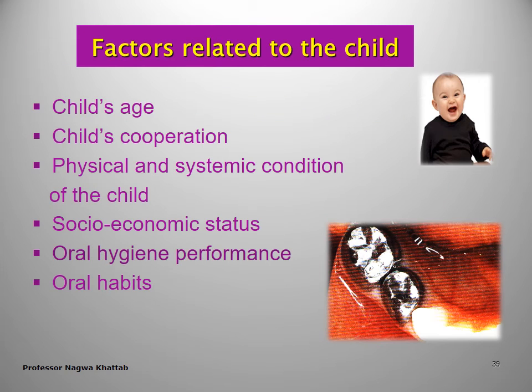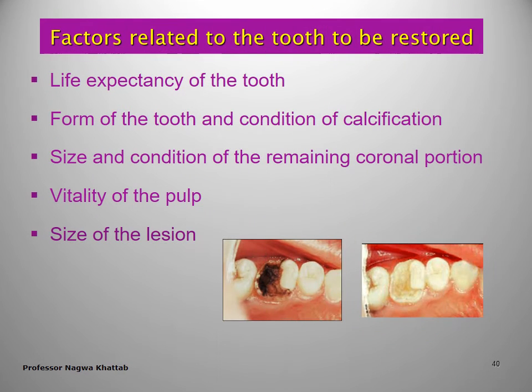Factors may be related to the child, like the child's age, cooperation, physical and systemic condition, socioeconomic status, oral hygiene performance, and oral habits. If the child has caries proneness, it's better to use a full coverage rather than any restoration.